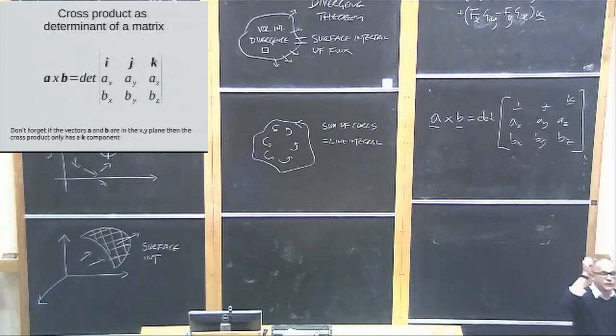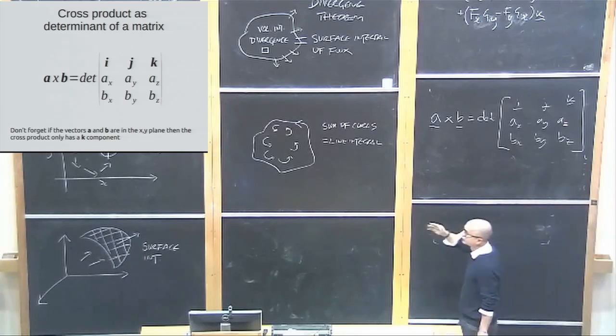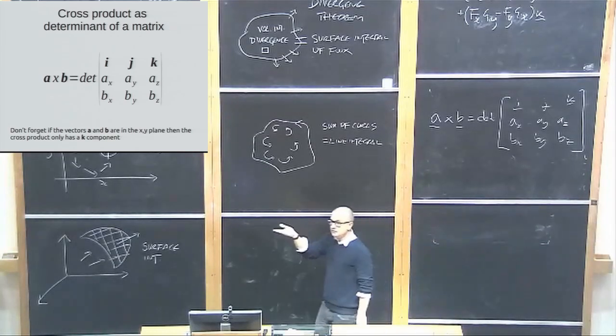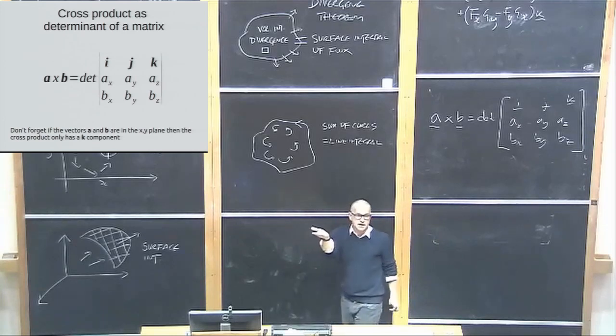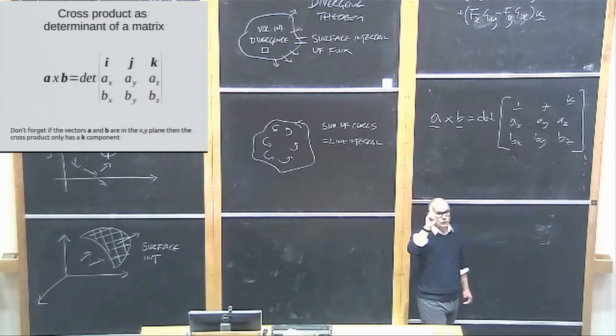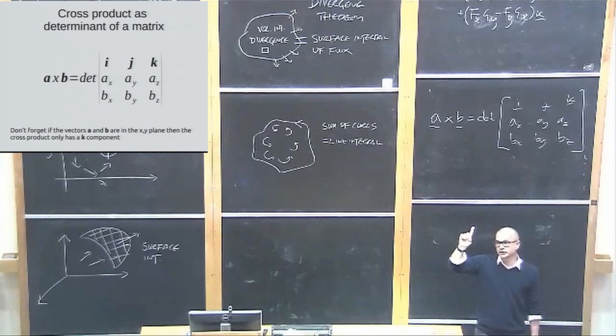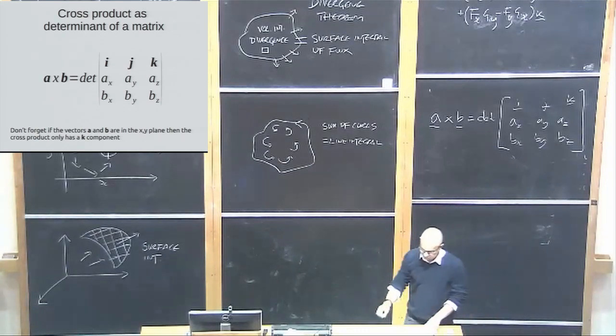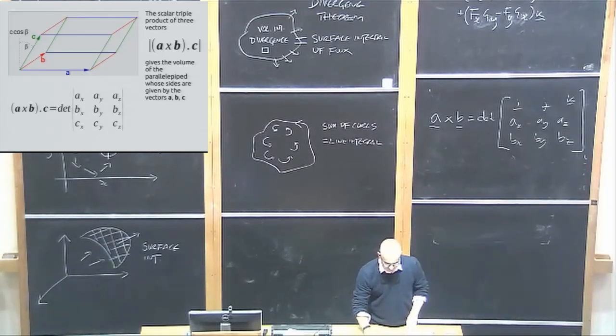And as you'll have seen from the previous example of the cross product, we quite often have cases where we're working out the cross product of things which are in a plane. So that essentially means that they will have no k components, but the resulting vector will be in the k direction. All right.